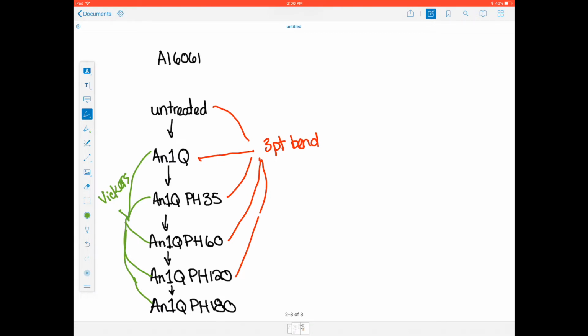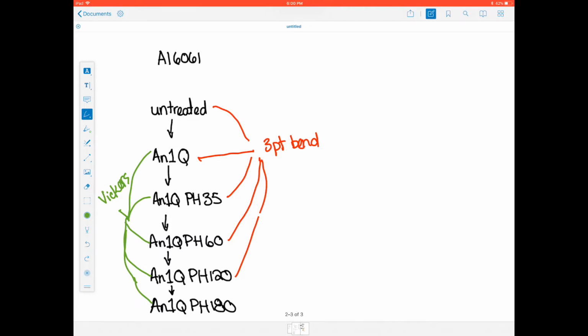You'll see that the untreated we did not take Vickers data for, and the 3 hour precipitate hardened we did not 3-point bend test. So don't stress too much about that. Just know that that's the data that you're actually getting.